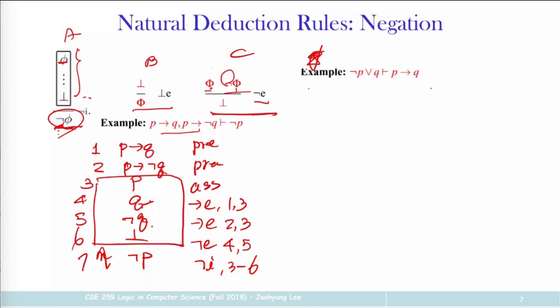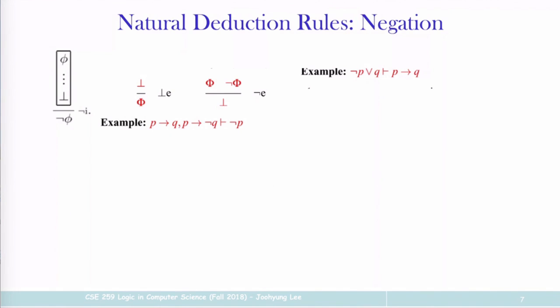This is actually a very useful fact that not P or Q can derive P implies Q. So in line 1, we have not P or Q, and in line n, we have P implies Q. I will give you a hint.